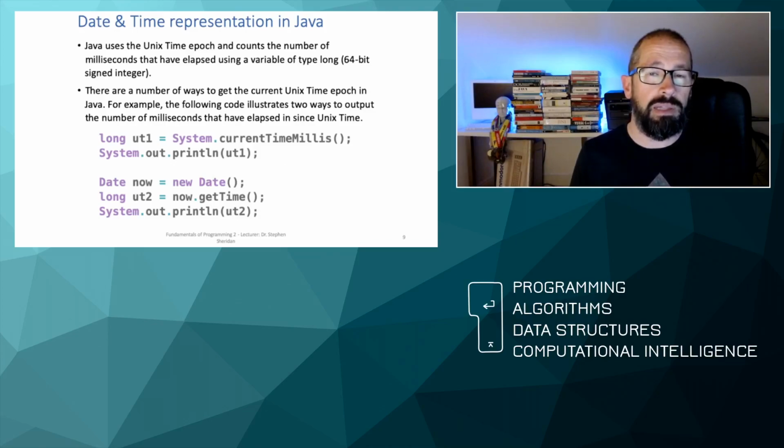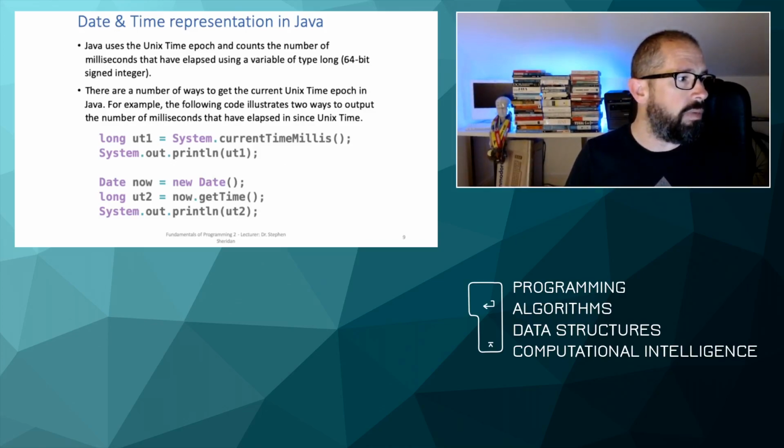Java has an inbuilt Date object, and if we create one of these, by default that date object will have the current time. There are actually other ways to do it, but let's not confuse things with more ways to do something. I've already given you two that are perfectly usable, so let's look at an example that uses those.